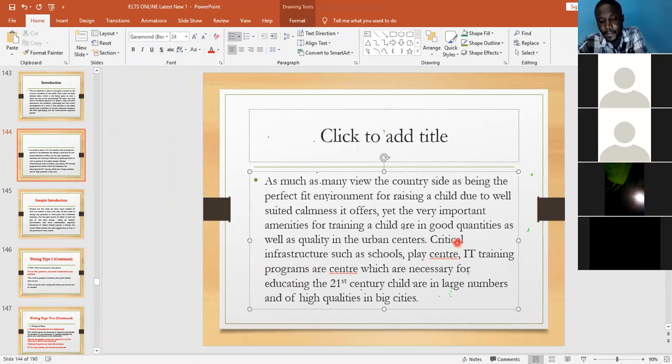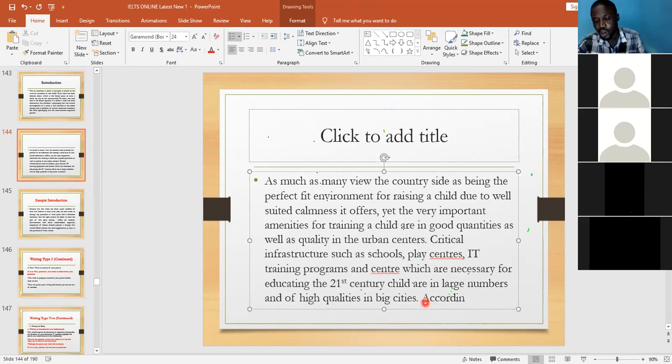So I said critical infrastructure such as schools, play centers, IT training programs and centers, which are necessary for educating the 21st century child, are in large numbers and of high qualities in the big cities. Okay, now I have illustrated, I want to validate.